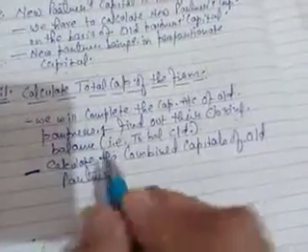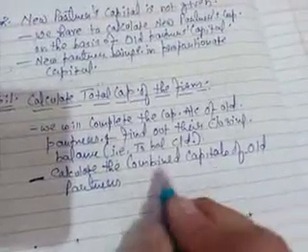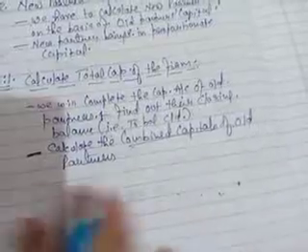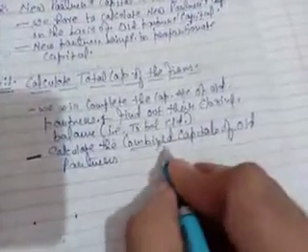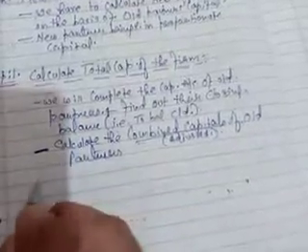That means the balances carried down we have found out, we will add them up to find the combined capitals of old partners. This is the combined adjusted capital of old partners.